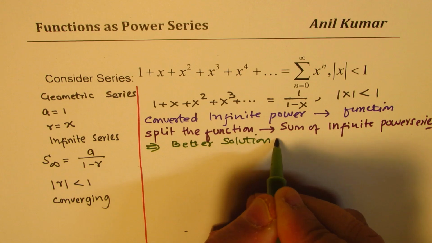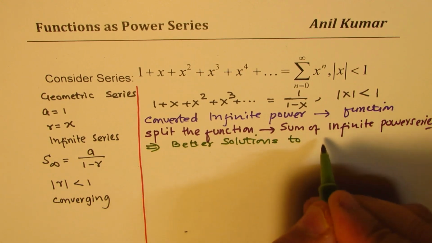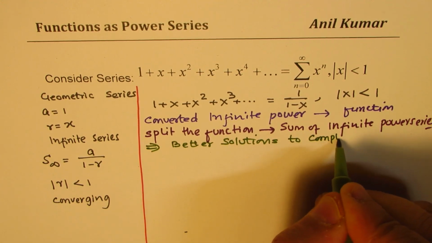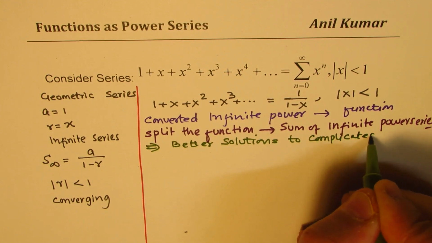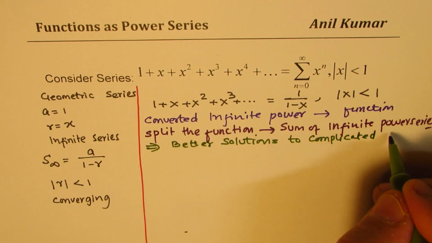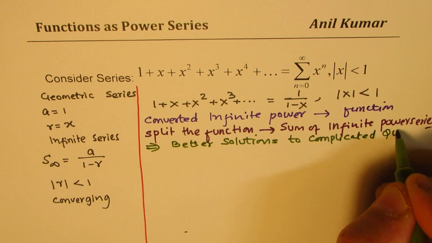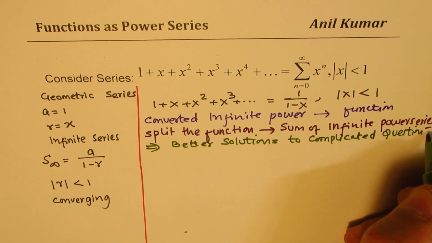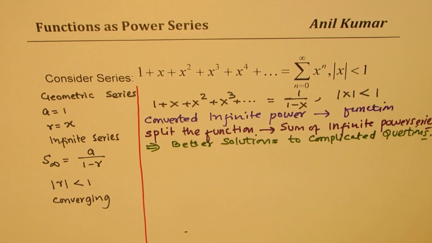So that is the concept. Well, better solutions to really complicated questions. So that is important to understand. Perfect. So what we have done here is that the whole series has been written as a function.